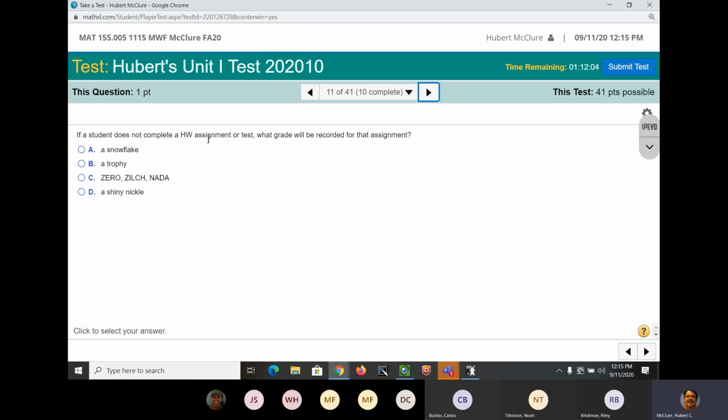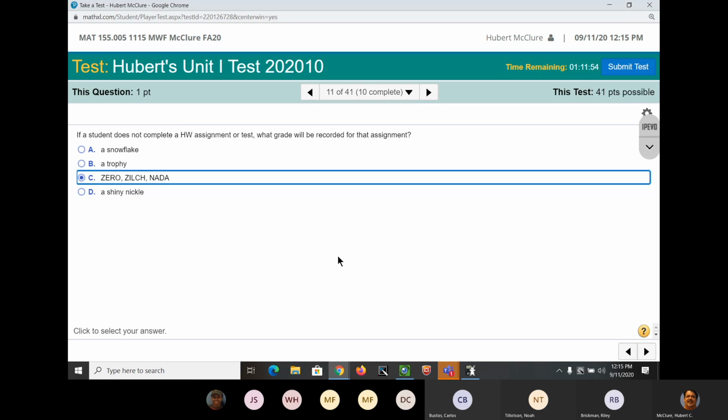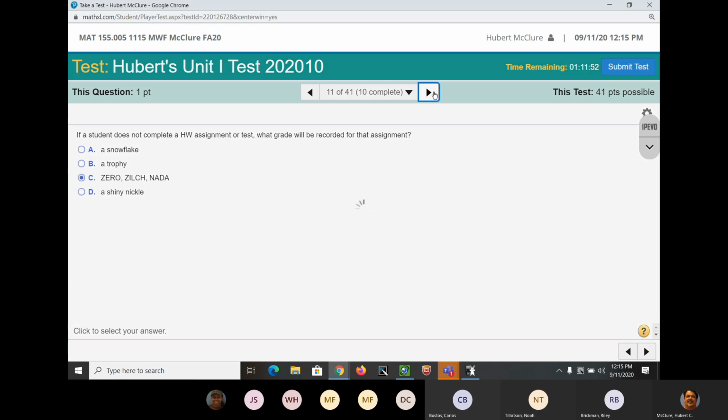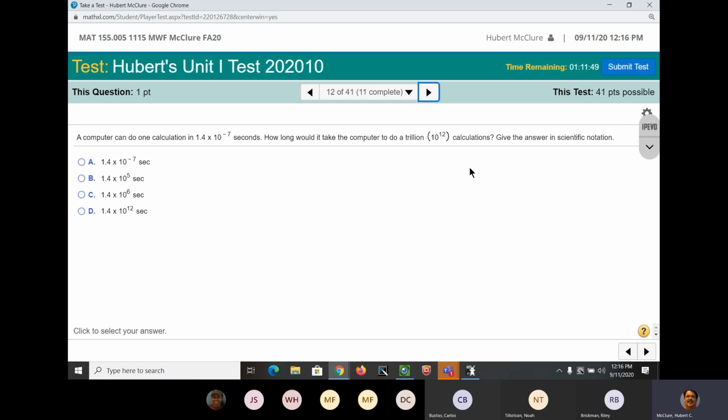If a student does not complete a homework assignment or a test, he will eventually get a 0 and his grade will go down. We had a student 2 semesters ago. She claimed that she didn't know, after 12 years of school, she said, I didn't know that you get a 0 when you don't turn in something. I was like, whatever. I said, you don't pump your own gas, do you? But anyway, I didn't say that.